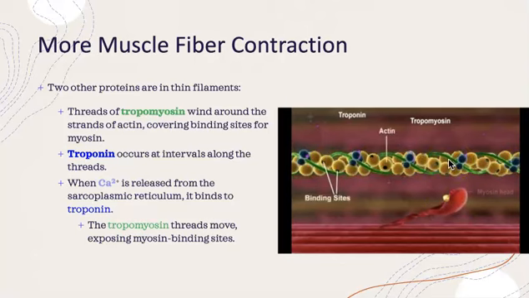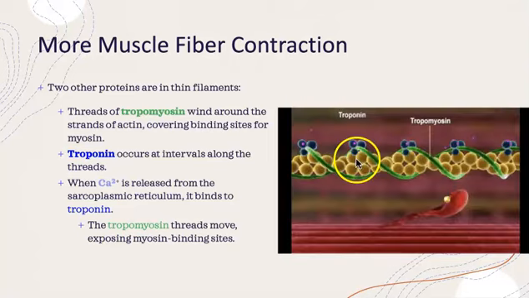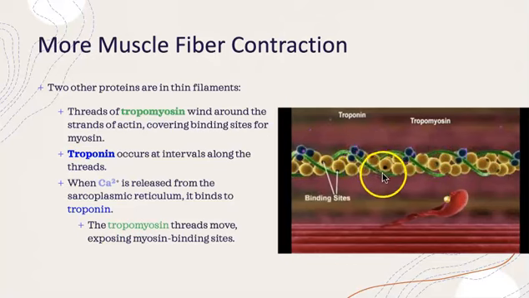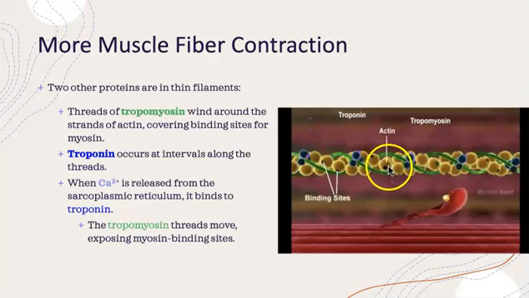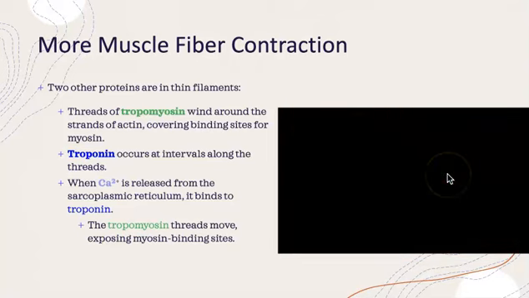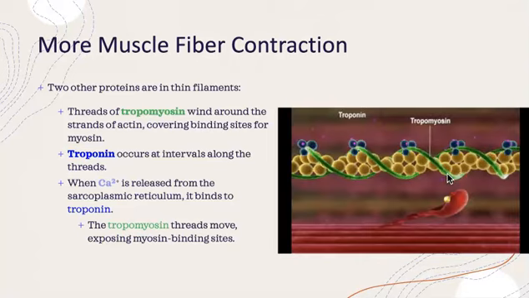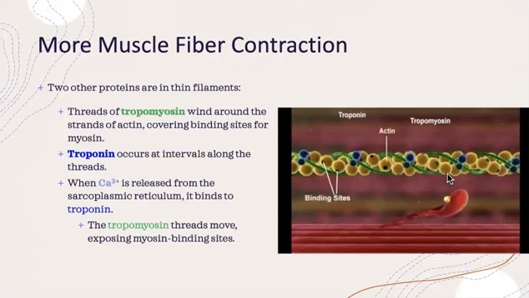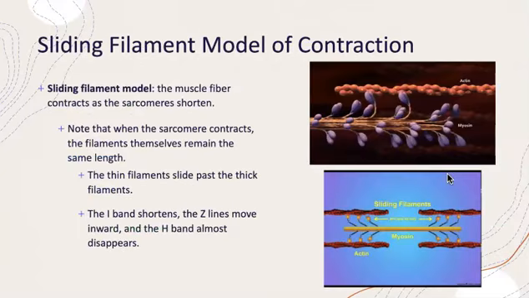But when we want contraction to take place, the calcium binds to troponin, which causes a shifting of tropomyosin, revealing the active sites, and the myosin head can bind to actin and cause a contraction or a shortening of our sarcomere. So this is what that looks like.